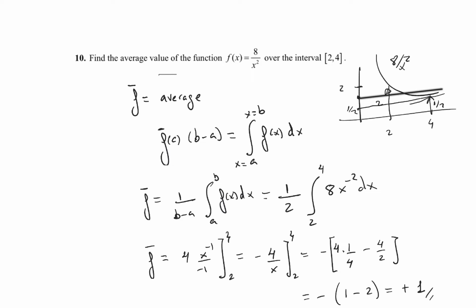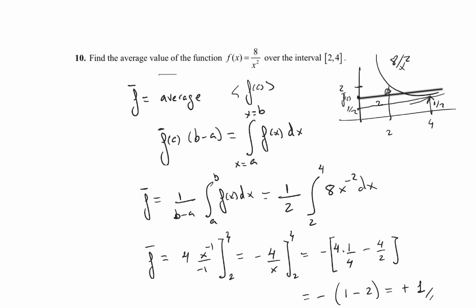The area is the same as the area under the curve. So the equation is saying that the value f of c, this is f of c, the average, we can put it maybe with a bar, or we can put it f of c like this, the average value.